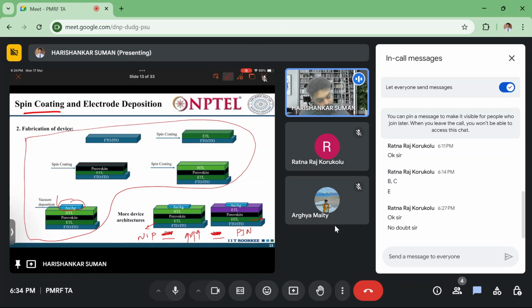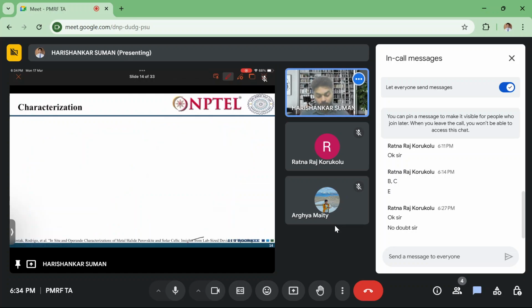Hole transport, so this is called the p-type layer, this is the intrinsic perovskite layer, and this one is for electrons, so this is N. So with respect to light, PIN, and similarly this is for N, this is intrinsic, this is for holes. So these two types of architecture are generally used. Also mesoporous, but NIP and PIN are the architectures for perovskite.